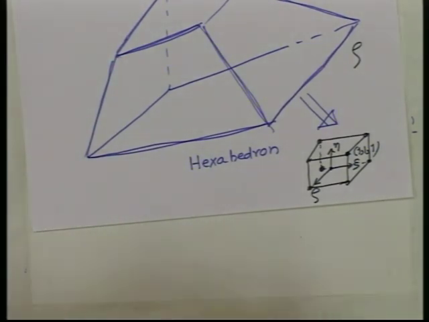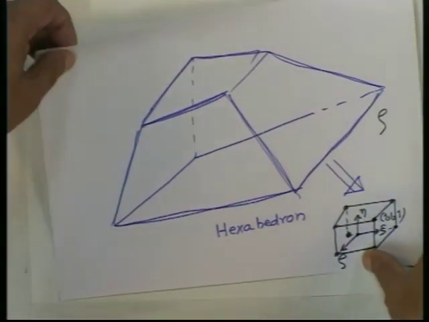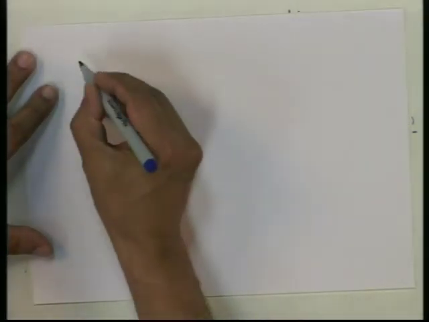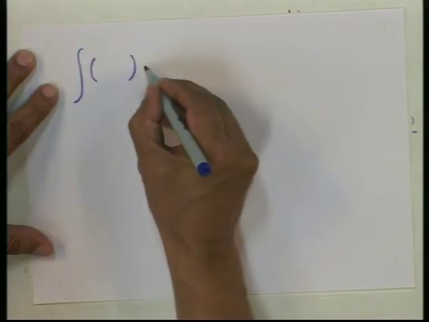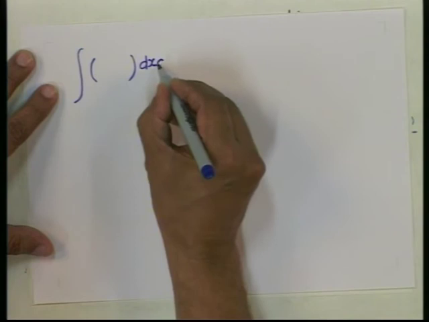So I told you that you please read the 2 chapters, that is the self-study part. Now in all our integrals, something is multiplied by, in 2 dimensions, dx dy.